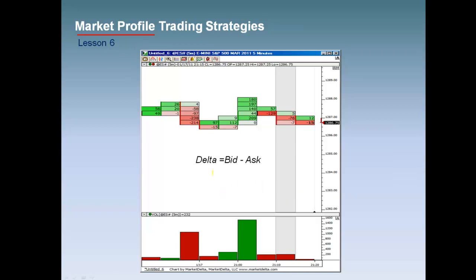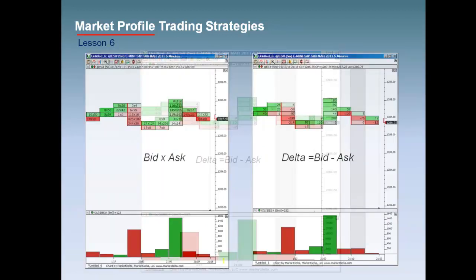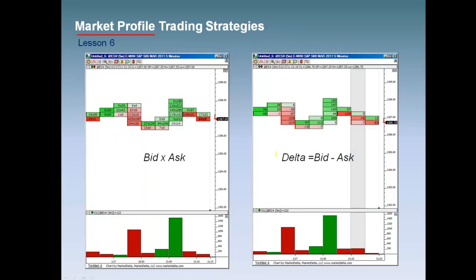So the next thing that you need to be familiar with is the concept of the delta and how we calculate a delta. A delta is nothing more than the difference between the number of contracts at bid and the number of contracts at the ask. So if we take a look at these two charts, they're really two charts of the same exact picture, but shown in a different manner.